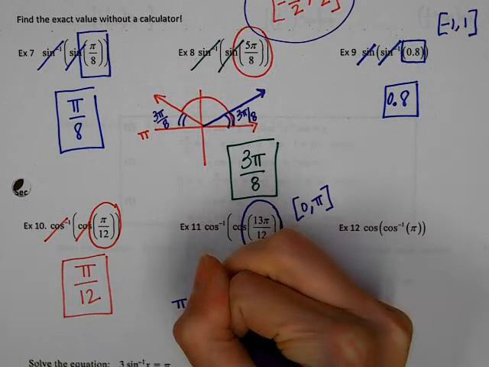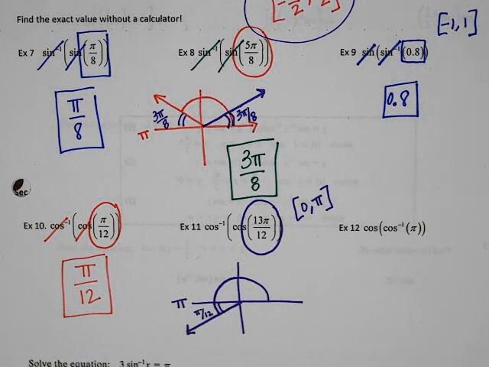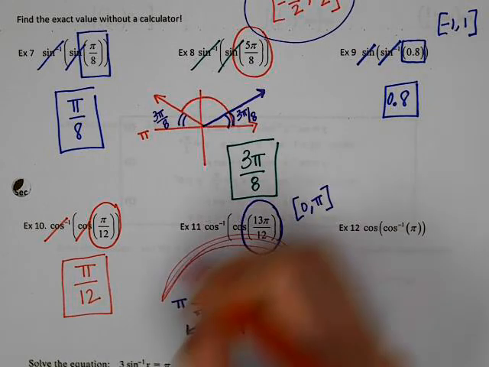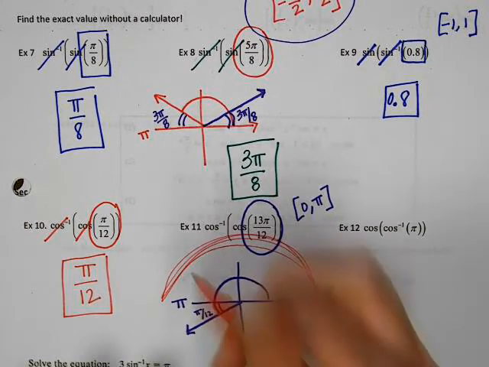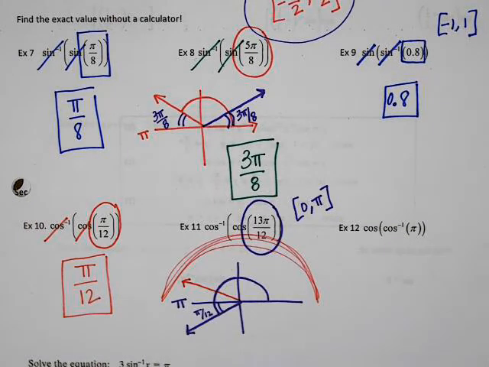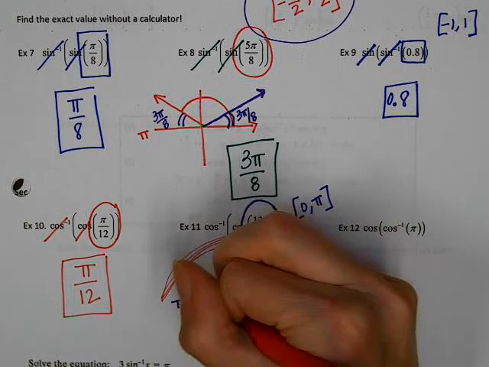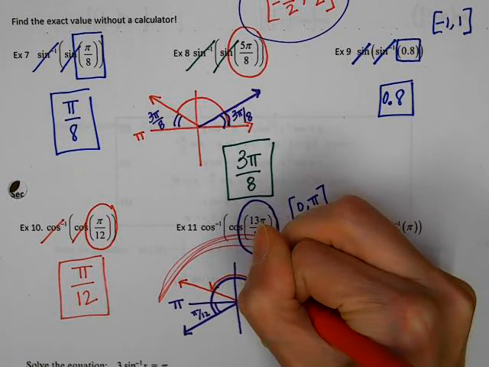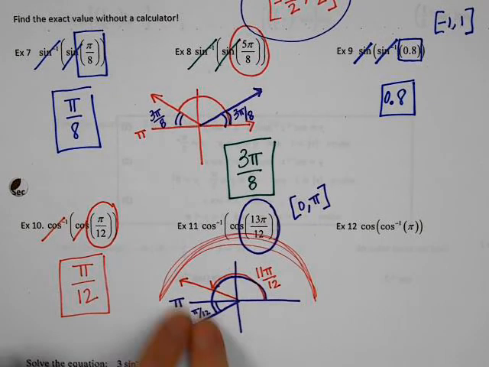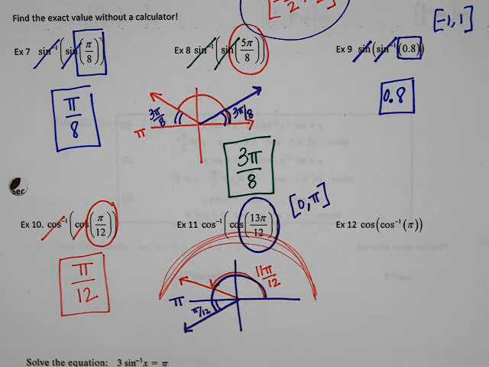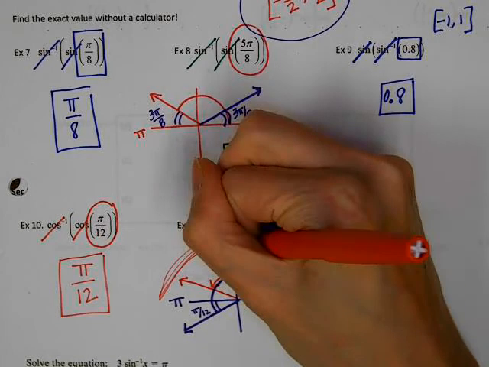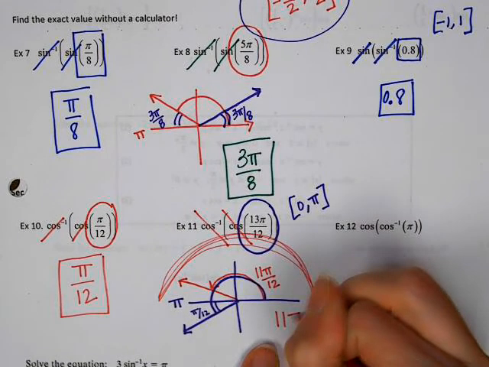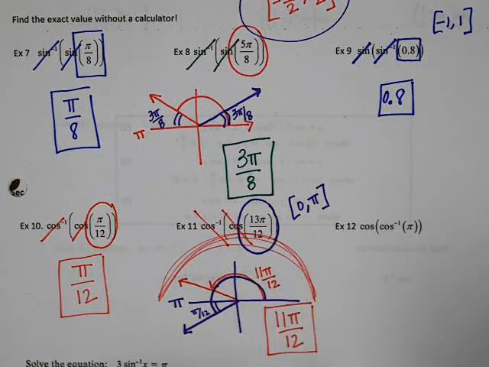So the reference angle here is pi over 12. Now, cosine is negative in the third quadrant, so we need to find somewhere in the first or second where cosine is also negative. And that's going to be this angle here, which is 11 pi over 12. Okay, because if the reference angle is pi over 12, then pi over 12 away this way is 11 pi over 12. Okay, so then inverse cos and cos cancel, but we want the 11 pi over 12 version because it's inside the range.